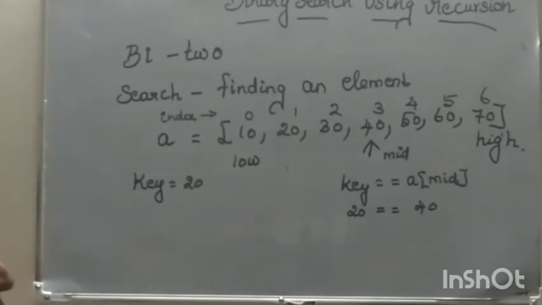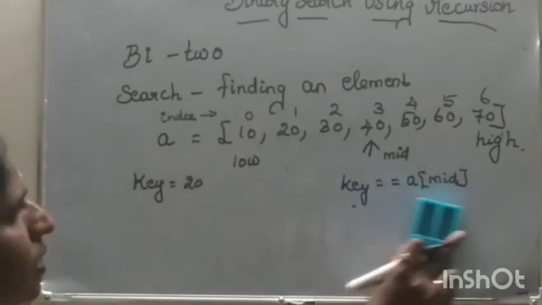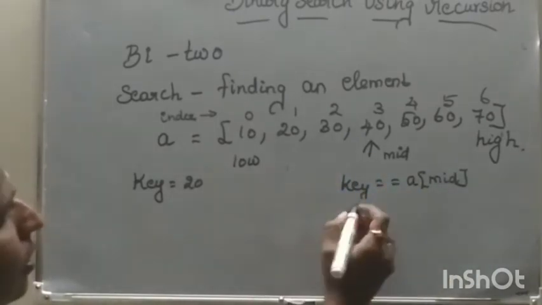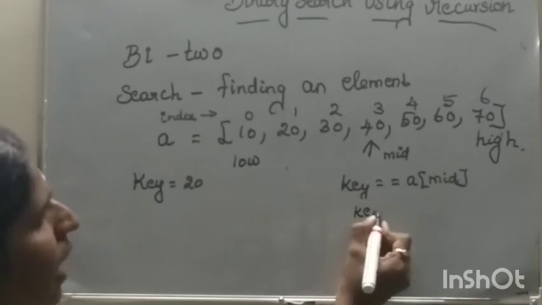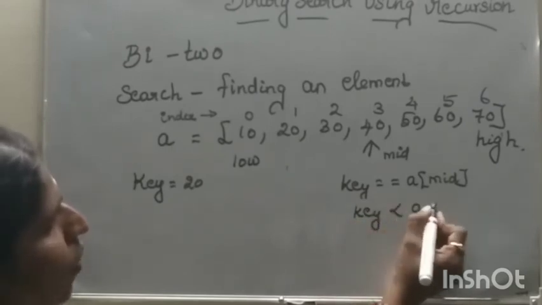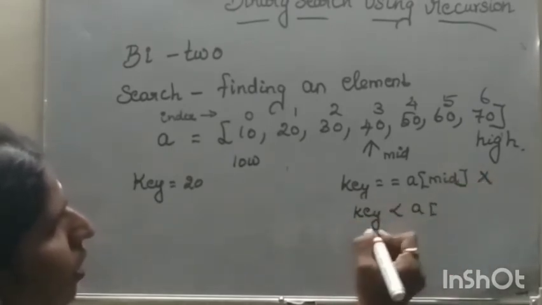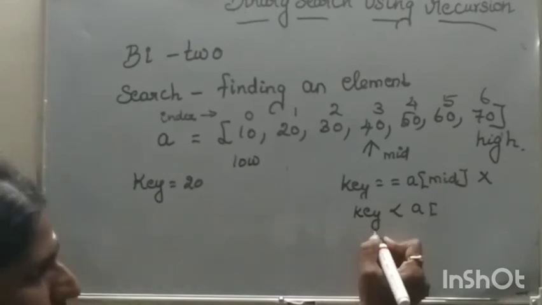Here the condition is false. Then you have to decide whether you are going to perform the operation on the left side or the right side. Based on the condition you can decide. If my key value is lesser than A of mid, this condition is wrong. Now I am going to check with this condition.